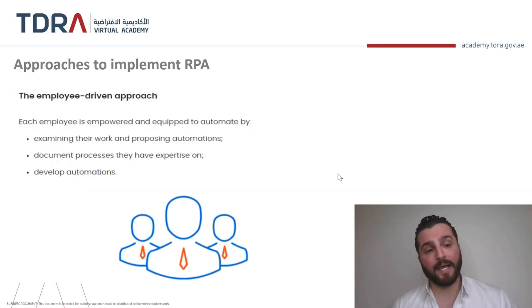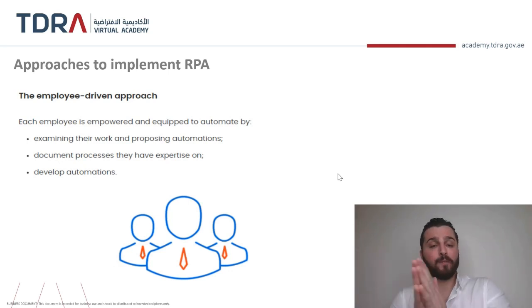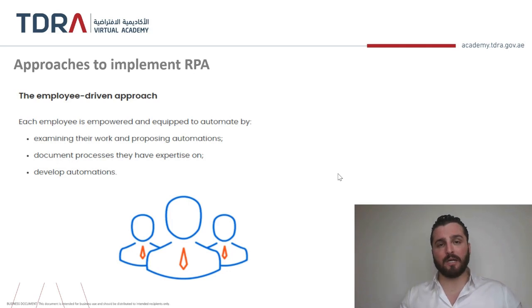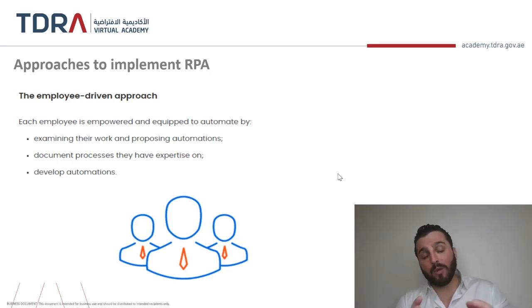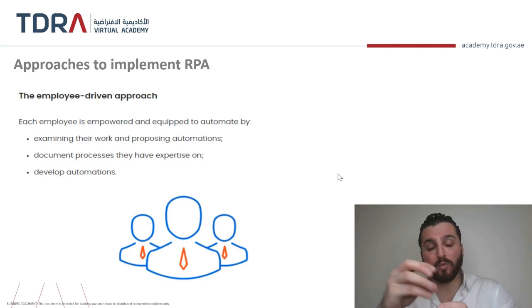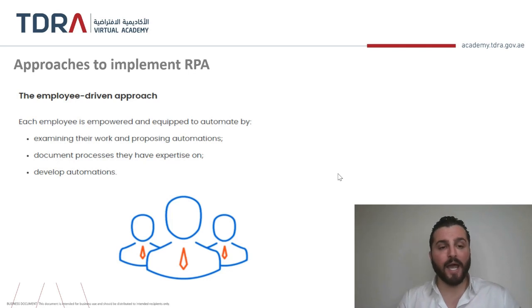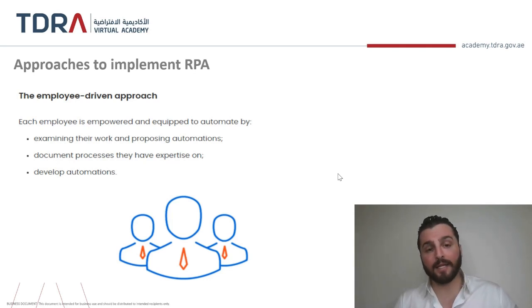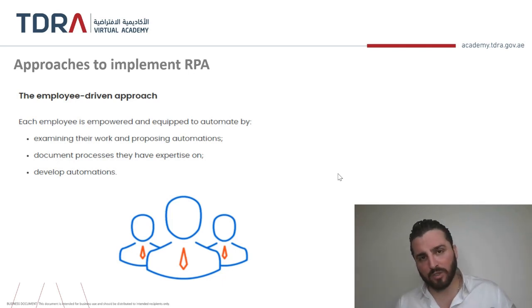The other one is the employee driven approach, where we empower the employees to use these tools, such as, for example, UiPath, Kofax tools, Automation Anywhere, Blue Prism, and some others. We will equip the employees with the knowledge that will help them to utilize these tools, and we'll examine their work, and we'll check and propose with them the required automation. Usually, this method is time-consuming.